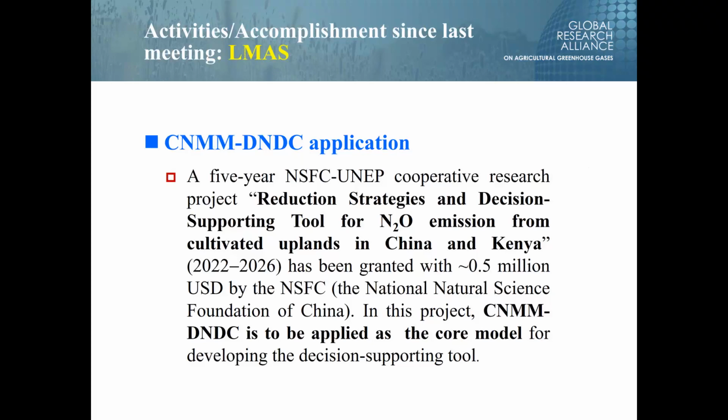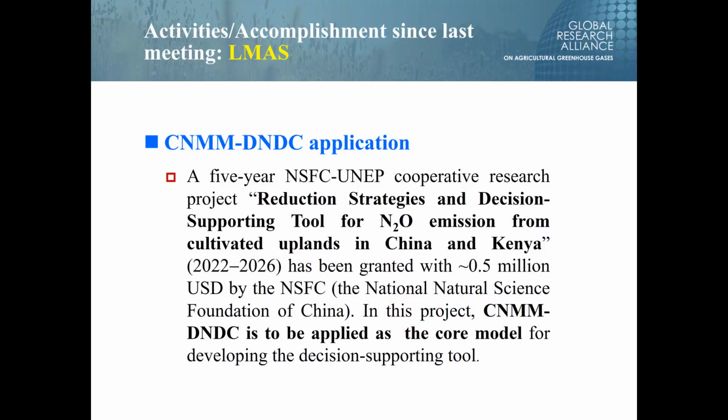Recently, one of our research project proposals has been granted by the National Natural Science Foundation of China. This is a 5-year research project for China-UNEP cooperation.